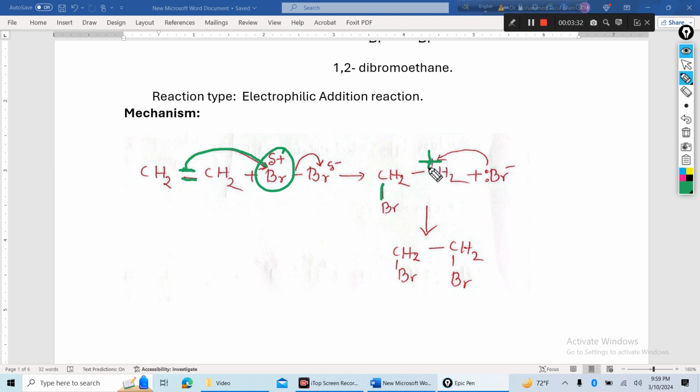Then this bromide ion gives electron to the positive carbon to produce the product. So you must give these three arrows: first arrow, second arrow and third arrow. These three arrows show the electrophilic addition reaction mechanism.